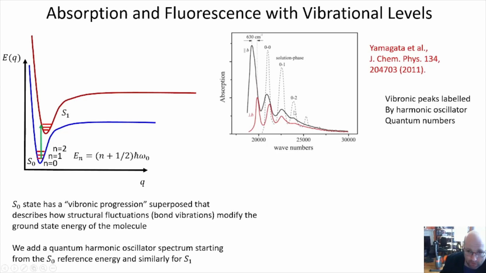What's most important, from a basic perspective, is that they're evenly spaced, right? So the spacing between 0,0 and 0,1 is the same as the spacing between 0,1 and 0,2, and that just comes from the fact that the spacing between vibrational levels is uniform.